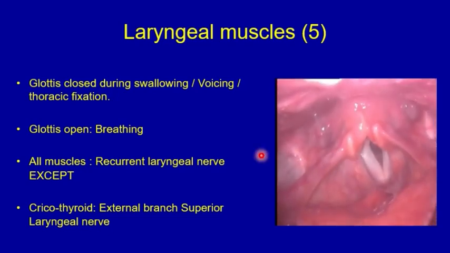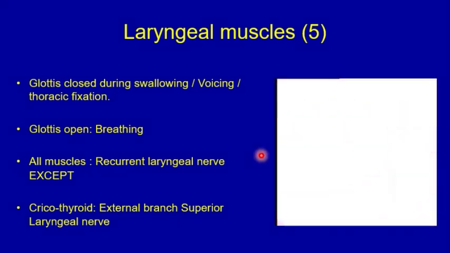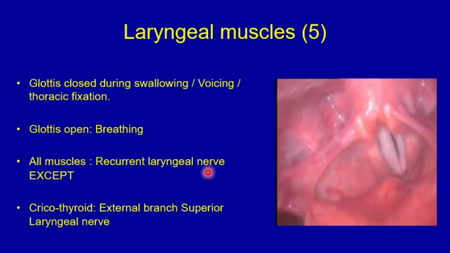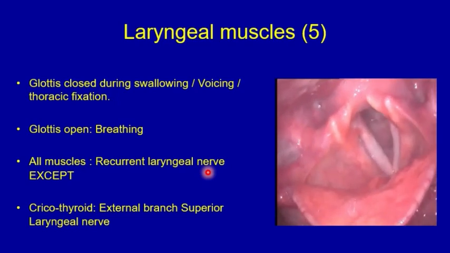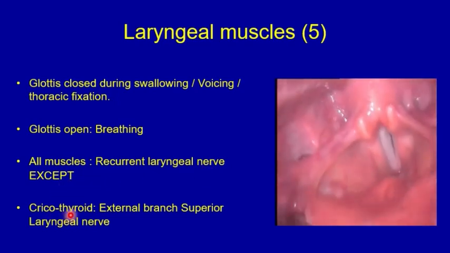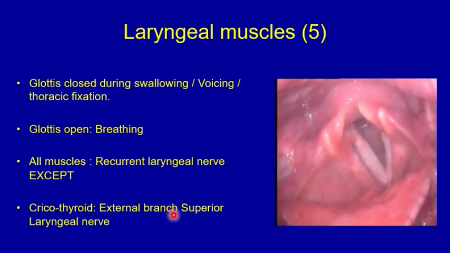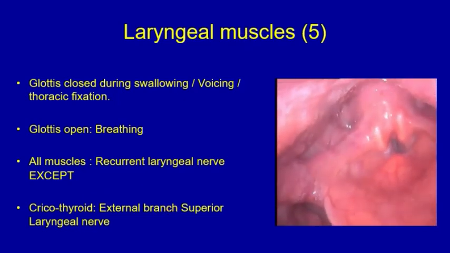All the laryngeal muscles are innervated by the recurrent laryngeal nerve except the external muscle, the cricothyroid muscle, which is innervated by the external branch of the superior laryngeal nerve.